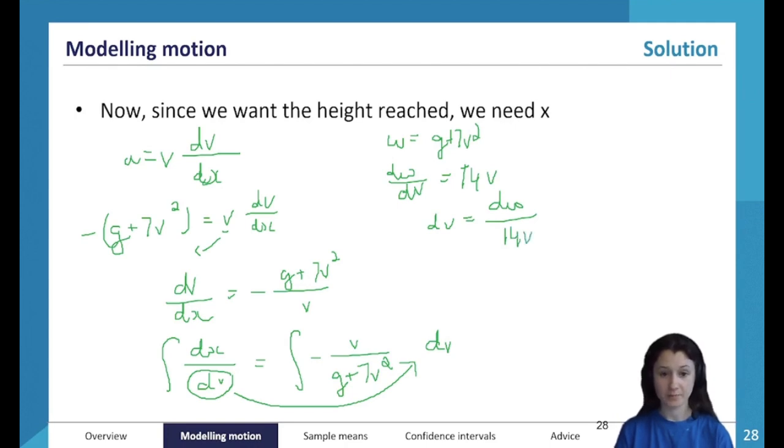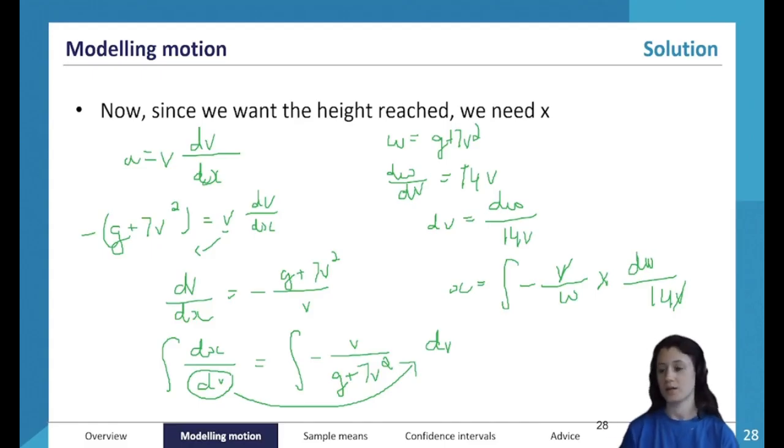Substitute this back in. x is equal to the integral of negative v over w multiplied by dw on 14v. As you can see, those two v's cancel out. So that was just a really quick application of that nonlinear substitution. If you were a little bit confused by that, make sure you hop back to those initial few chapters that we looked at integration methods, because I don't have too much time to explain it now.